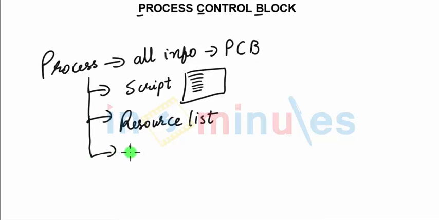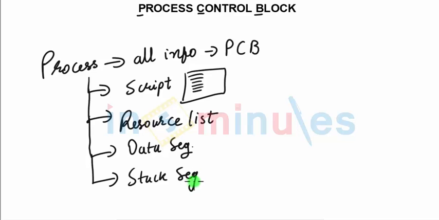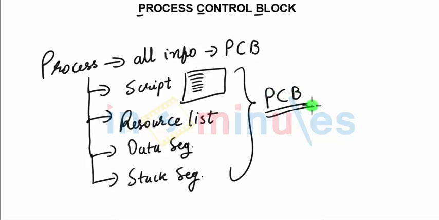It further carries a data segment if the system is supposed to use certain data which is a prerequisite kind of thing, and obviously carries its own stack segment where all the recursion and other things are going to be handled. So all these things are put together in something which we call PCB.